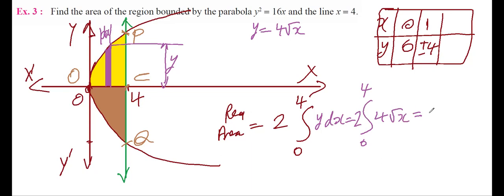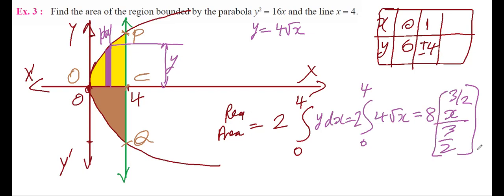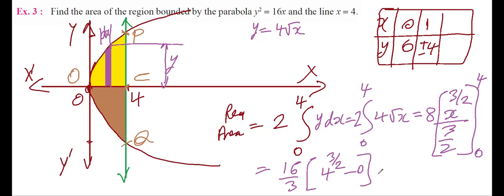The constant I am taking out, and then the integration of x to the power of 1 by 2 is x to the power of 3 by 2 upon 3 by 2, and then you put the limits from 0 to 4. Now this 2 I will take up, so the factor becomes 16 by 3, and then I will substitute 4 in place of x for the upper limit, so 4 to the power of 3 by 2 minus 0, which is 0.